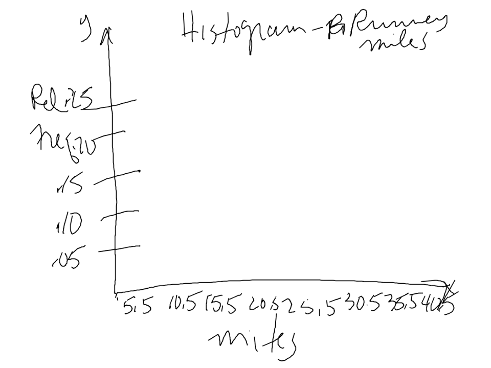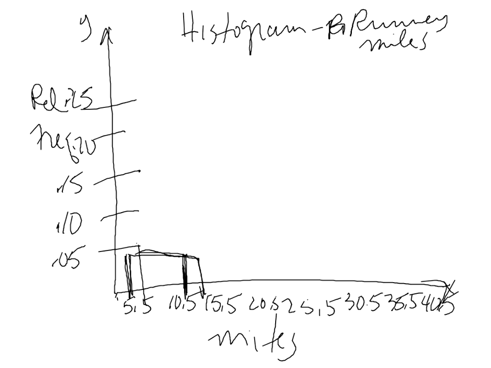The first one, for the class of 5.5 to 10.5, had a relative frequency of 0.05. So that would look very roughly like this. And then from 10, oops. Okay, that's a little better.